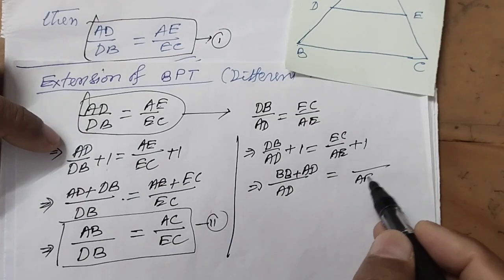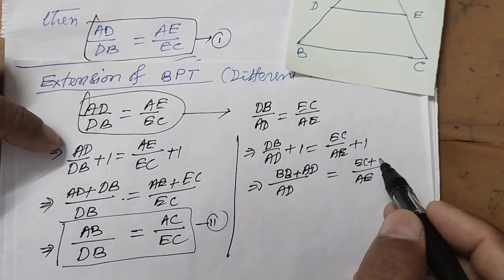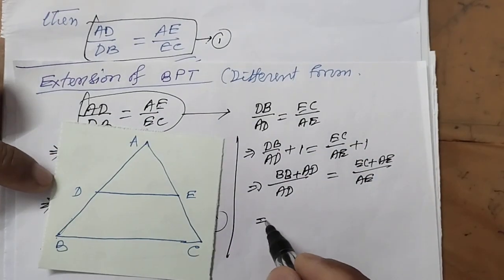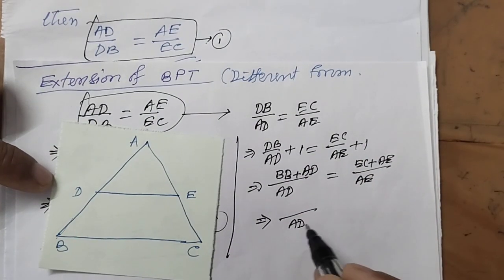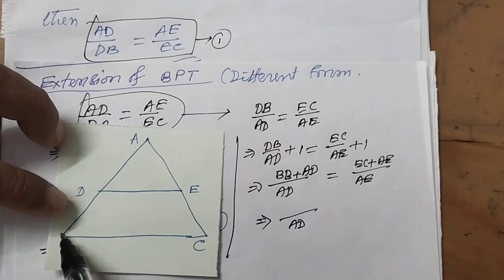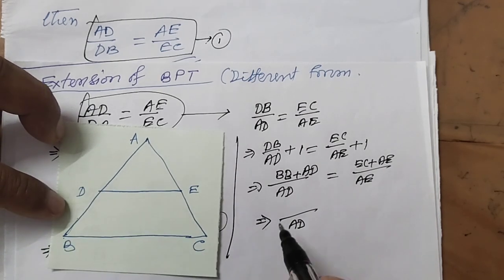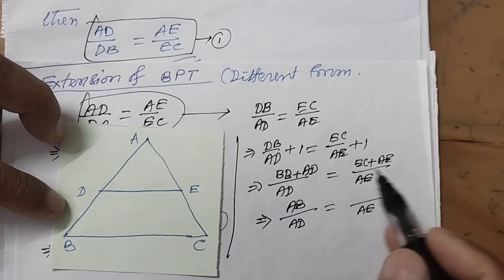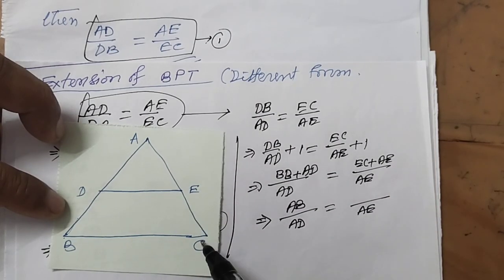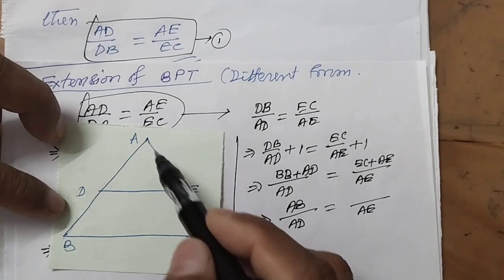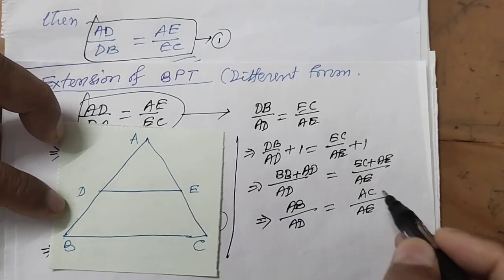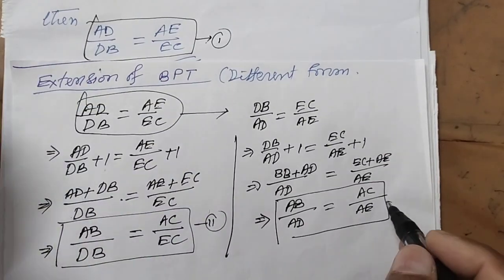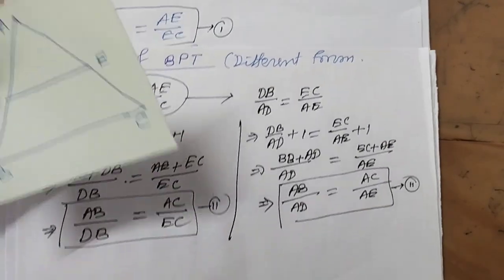On the right side, EC plus AE. Again see in the diagram what you will get. The denominator remains the same, and DB plus AD is again AB. EC plus AE is the whole distance, again AC. So this is another form of BPT, another way we can write.